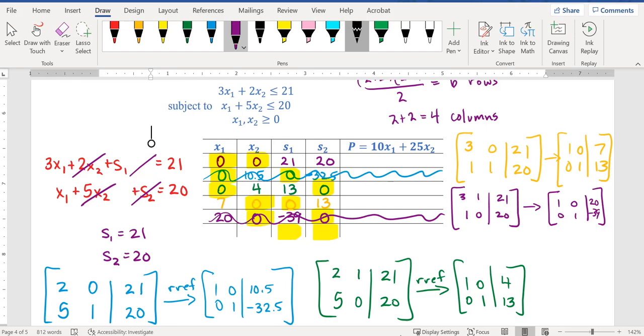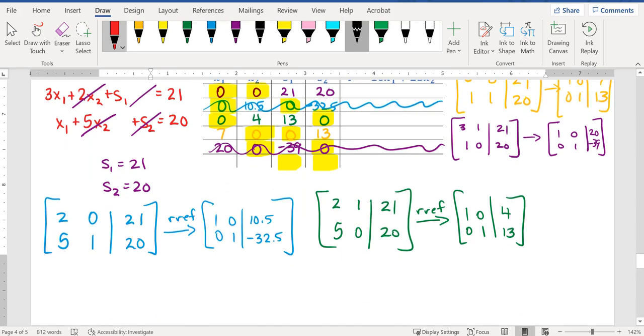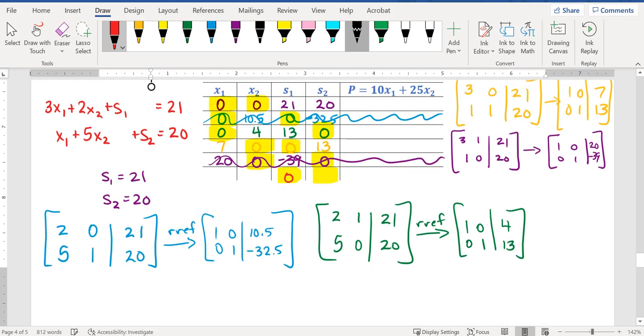Last one. I'm going to do another row of red. All right, this time S1 and S2 are both 0, so those are gone. My system would be 3, 2, 21, 1, 5, 20.